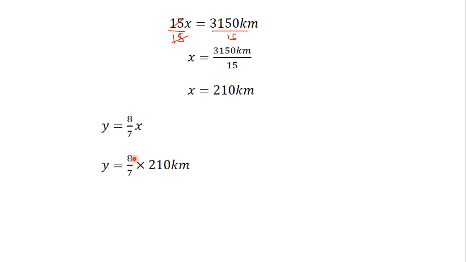So y will be equal to 8 divided by 7 times 210 kilometers, and this will give us 240 kilometers. Remember that y is the distance covered by train B after 2 hours. So it means that after 2 hours, train B had covered a distance of 240 kilometers.